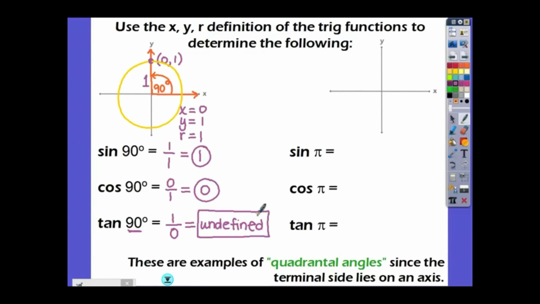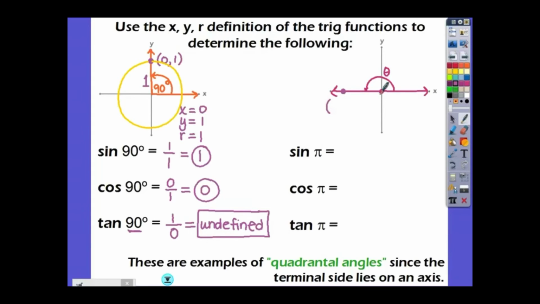One more. Here's another example of a quadrantal angle, because if you make an angle of pi, remember pi is the same thing as 180 degrees, no way you're making a right triangle out of that. And so what we're going to do every time is pick a point on the terminal side of the angle.